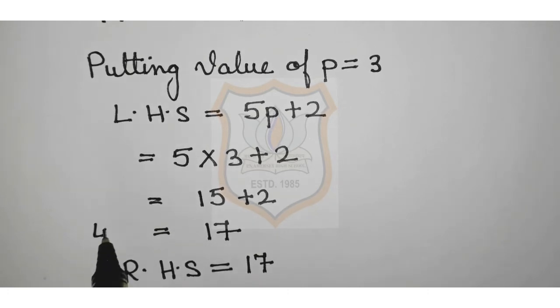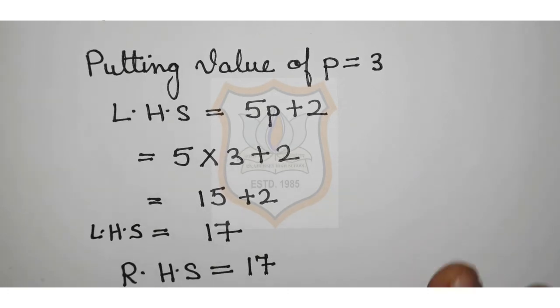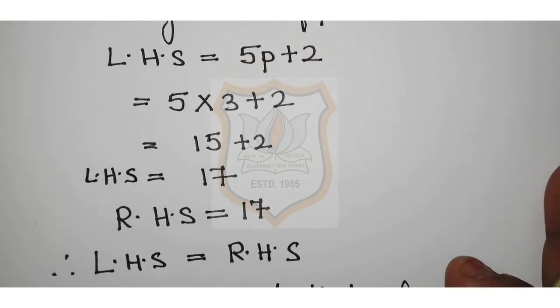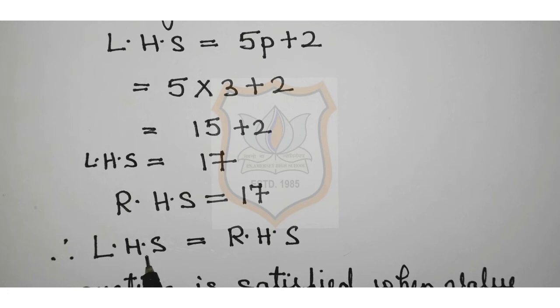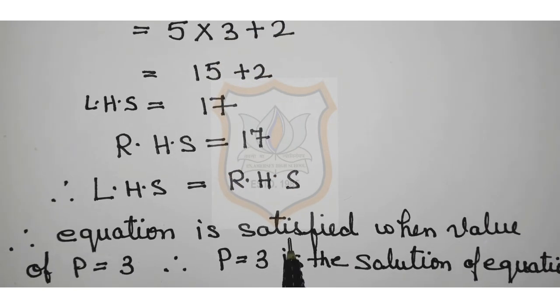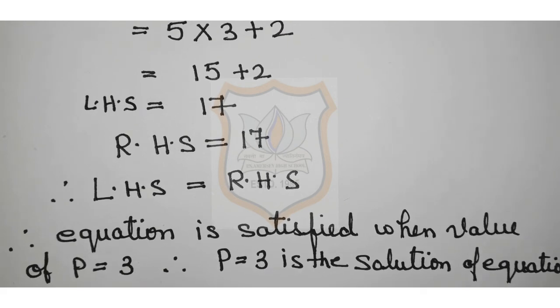This 17 is LHS. RHS is also 17. Both are same. So we can say that LHS is equal to RHS. Therefore, the equation is satisfied when the value of p is equal to 3. Therefore, p is equal to 3 is the solution of the equation.